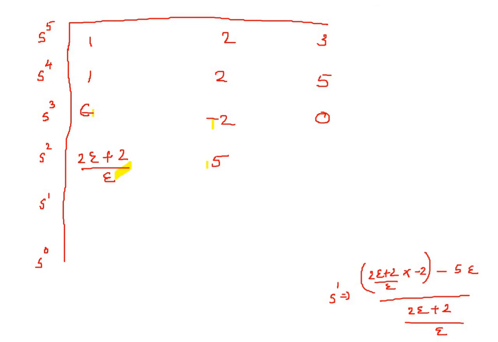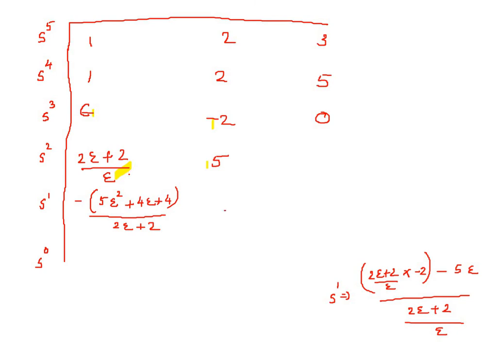By opening this bracket and taking the reciprocal of the denominator and multiplying it, the element corresponding to s raised to 1 is minus of 5 epsilon square plus 4 epsilon plus 4 divided by 2 epsilon plus 2.